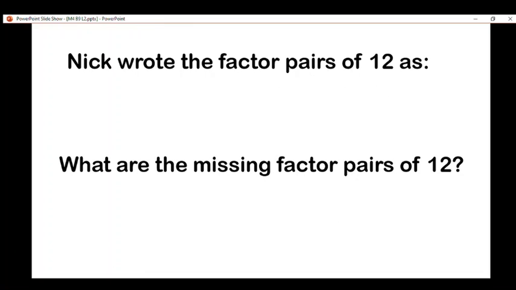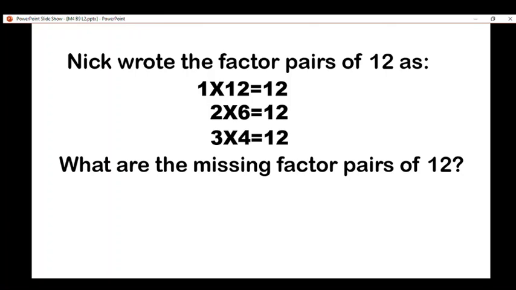Now, let's have a more difficult word problem. Nick wrote the factor pairs of 12 as 1 times 12 equals 12, 2 times 6 equals 12, 3 times 4 equals 12. So what are the missing factor pairs of 12? That's right, the flipped factor pairs.